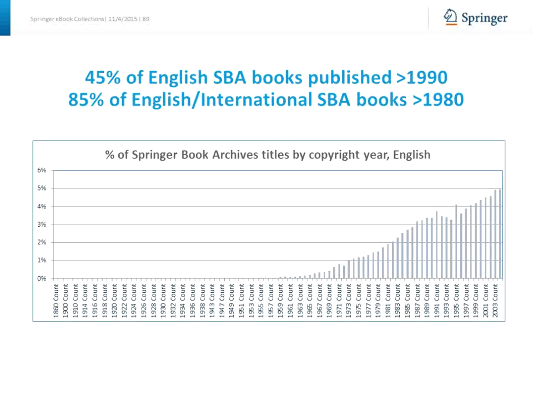So we have about 200,000 books on Springerlink, and I want to show you here how these books are distributed throughout the years. The first book that we have is from the 1800s, but you can see here the number of books that we published in these years. About half of the books in English that we have on Springerlink were published in the last 35 years, after 1990.